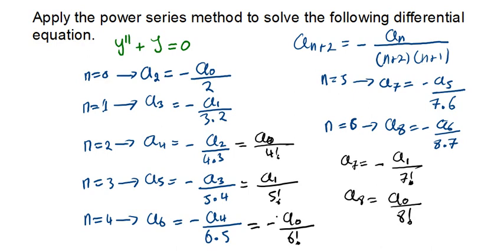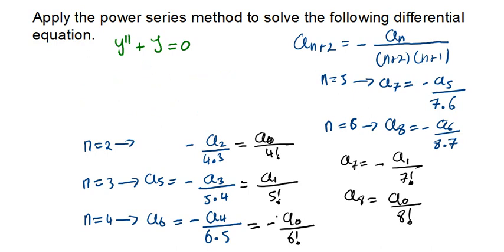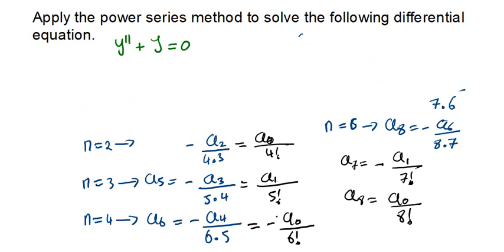Here is how this one is going to unfold. You're going to say your y will be equal to, if you add all of this together, you have your a initial.